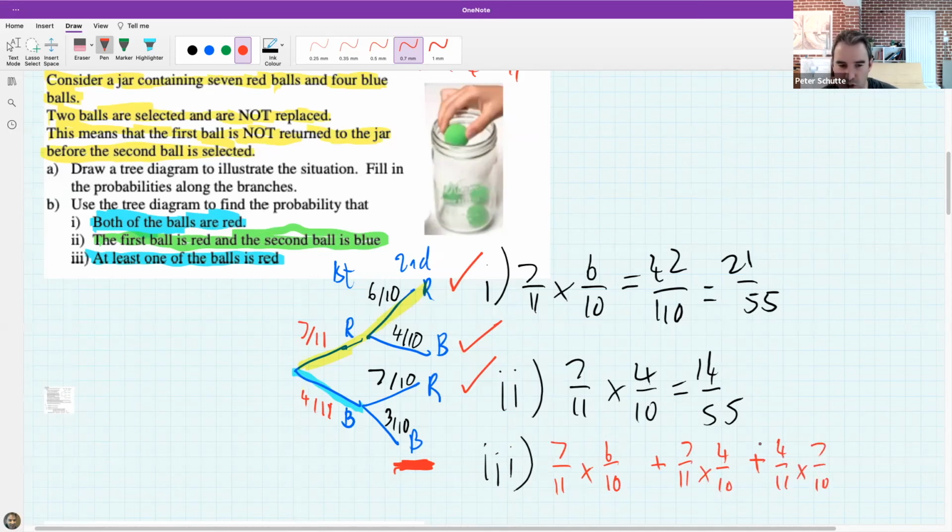Or the other way of possibly doing it would be to go 1 minus 4 over 11 times 3 over 10. That would also give you the answer, because you're just saying 1 minus the probability that it's not. And so your final answer should be 49 out of 55.